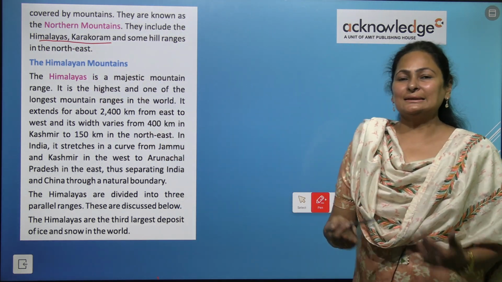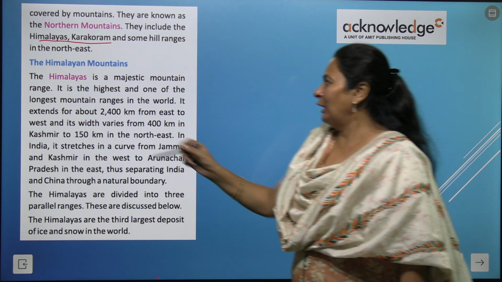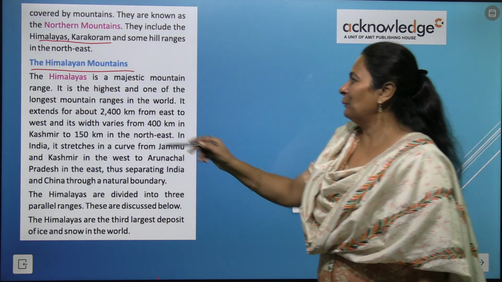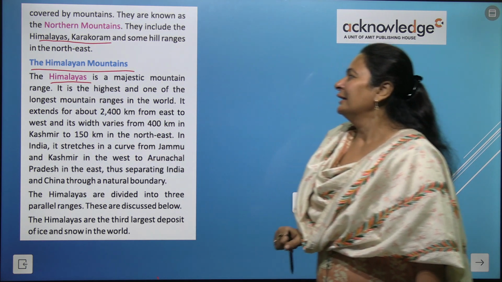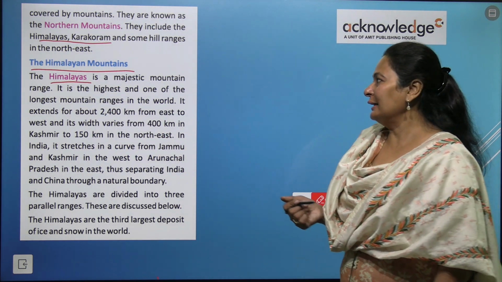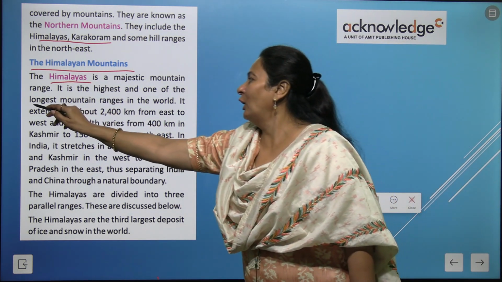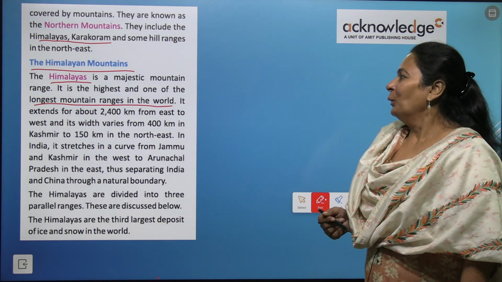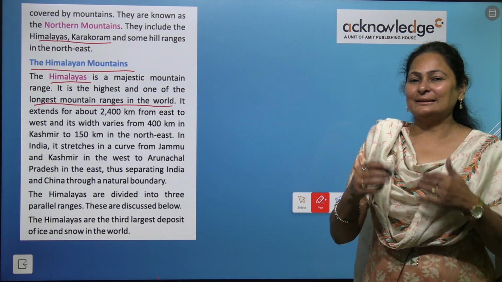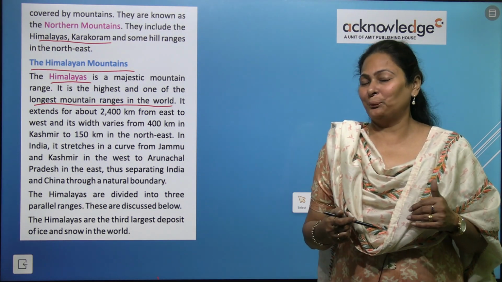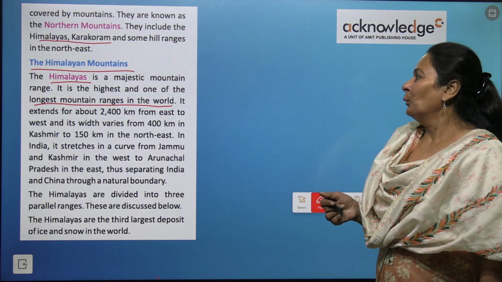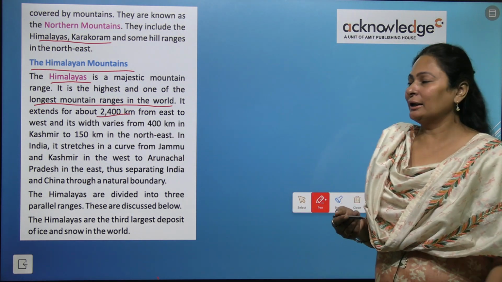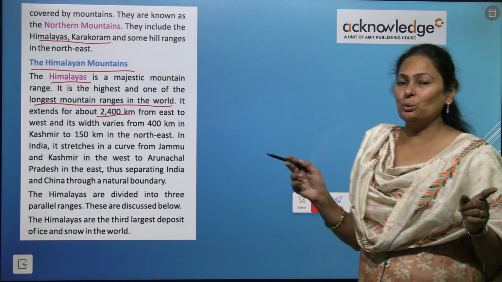So, let's start with the Himalayan mountains first. The Himalayan is a majestic mountain range. It is the highest and one of the longest mountain ranges in the world, right? It extends up to 2,400 kilometers from east to west.